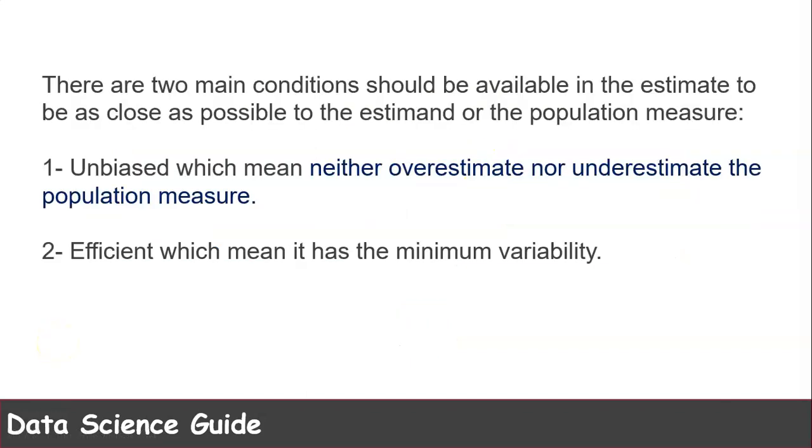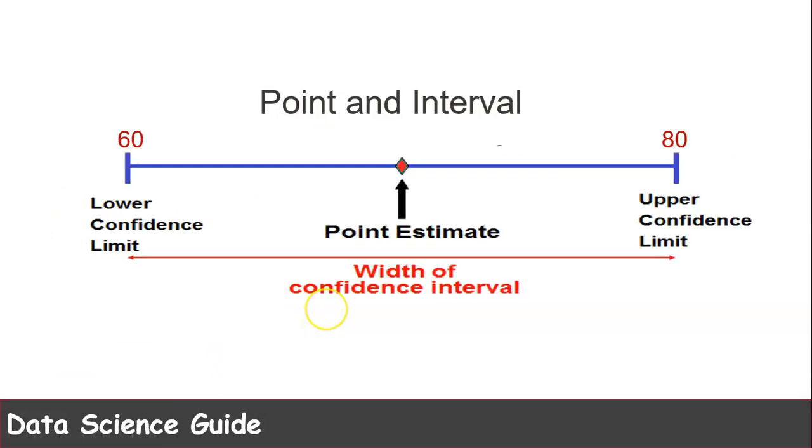And there are two main conditions that should be available in the estimate to be as close as possible to the estimand, or the population measure. First, it should be unbiased, which means neither overestimate nor underestimate the population measure. So if you go back to our example here, we cannot exaggerate the estimate by taking a wider confidence.